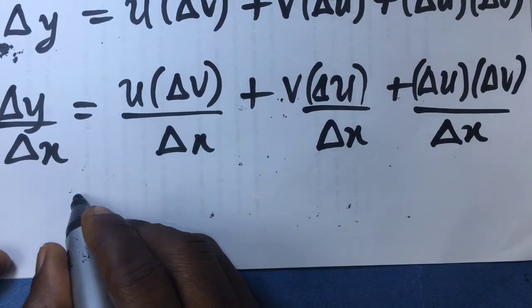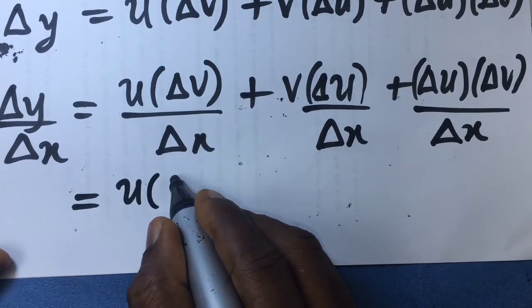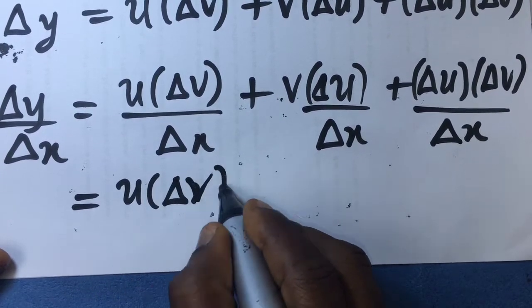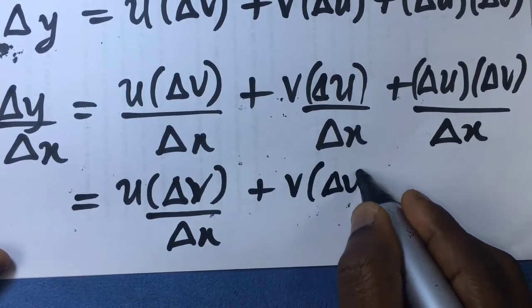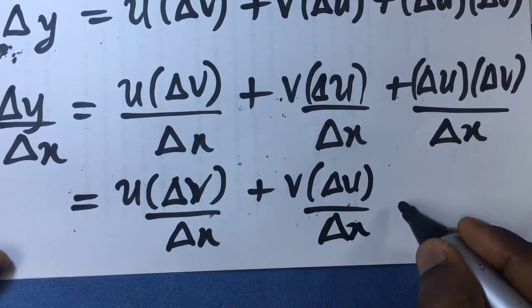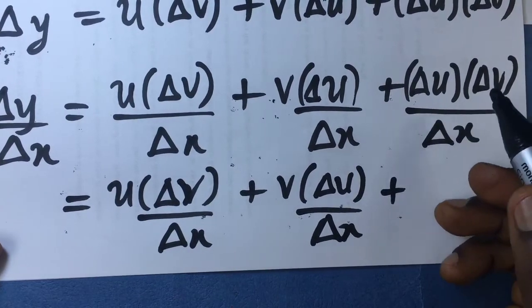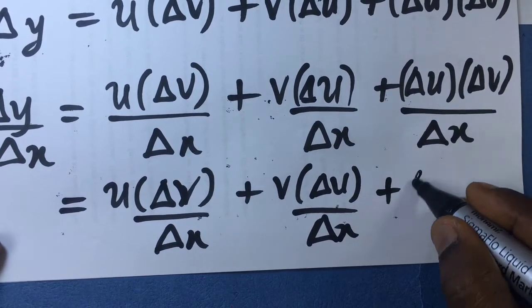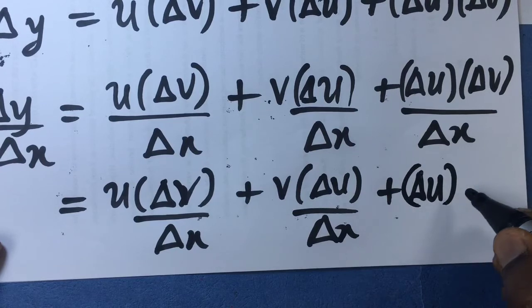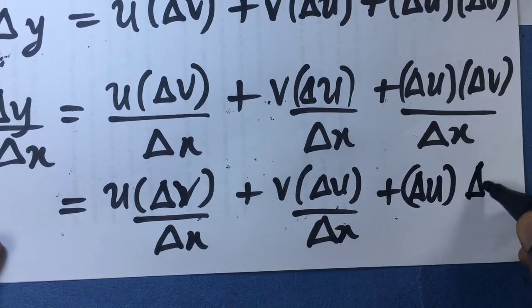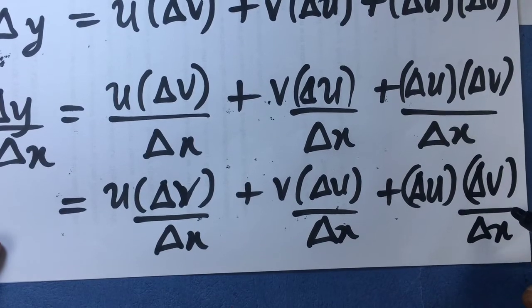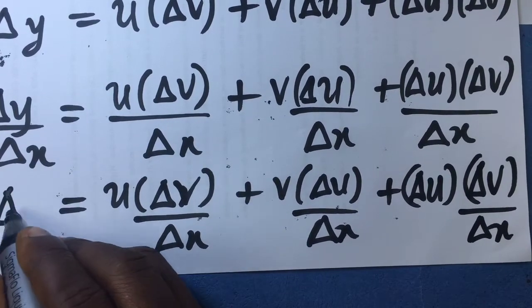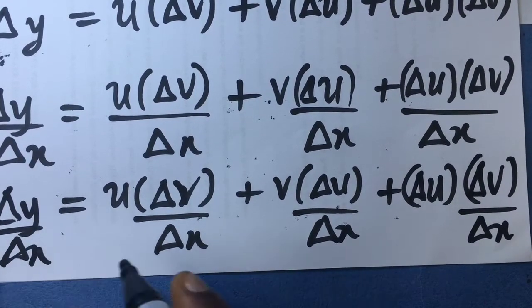Now take note, one way to write this out is change in v all over change in x plus v change in u all over change in x. Now since product is commutative, I could decide to take out this change in u and write this change in v all over change in x. Okay, so this will give me my gradient function.